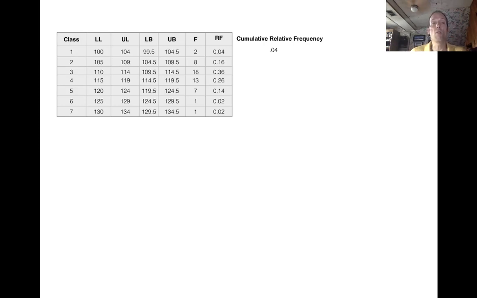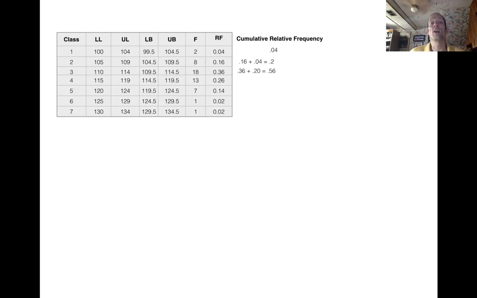For class 2, what percentage of temperatures were less than 109 degrees? I can take the relative frequency for class 2, 16%, and add that to the cumulative relative frequency of class 1. That tells me 20% of my temperatures are less than 109 degrees.